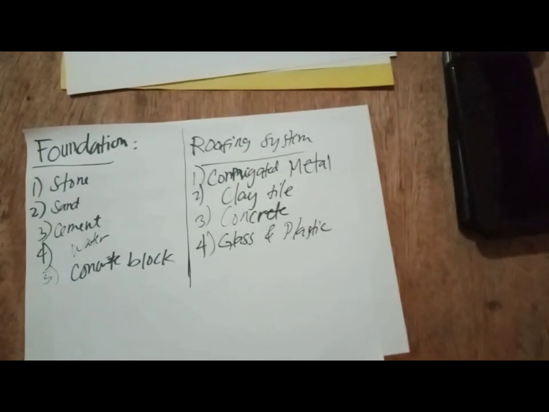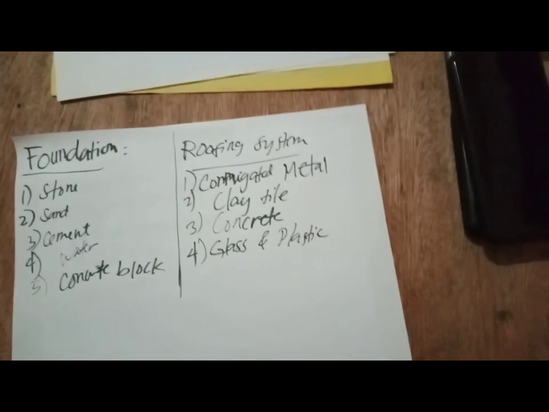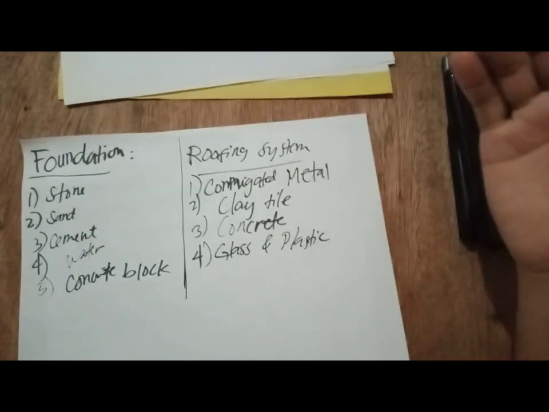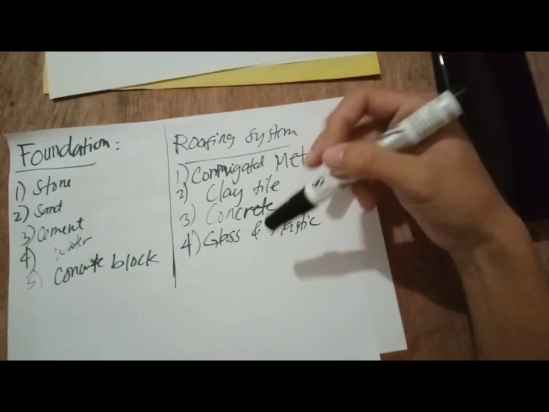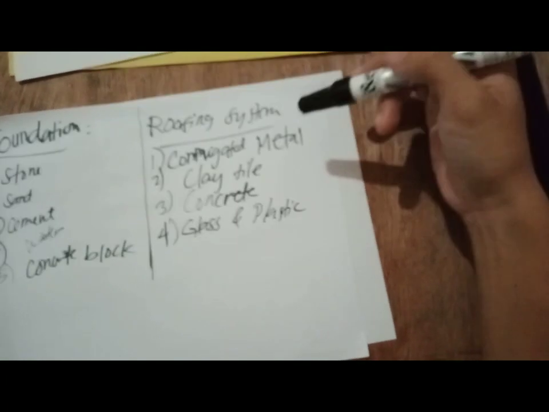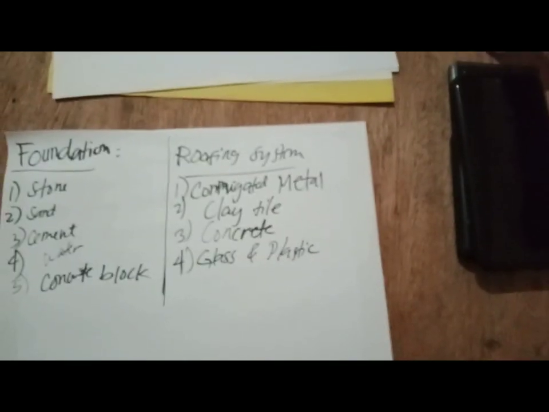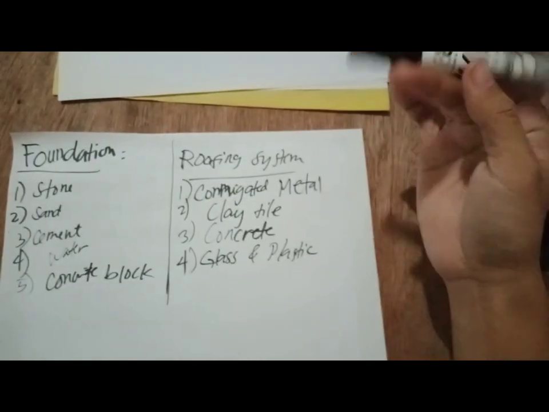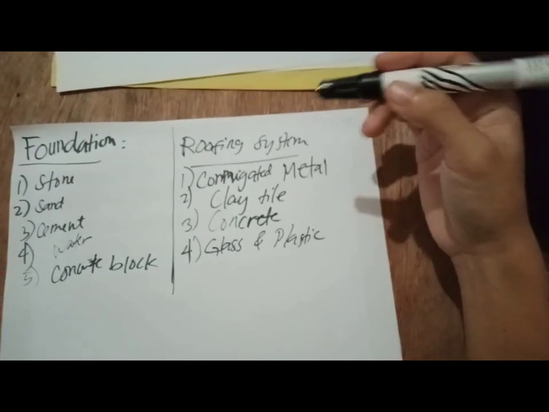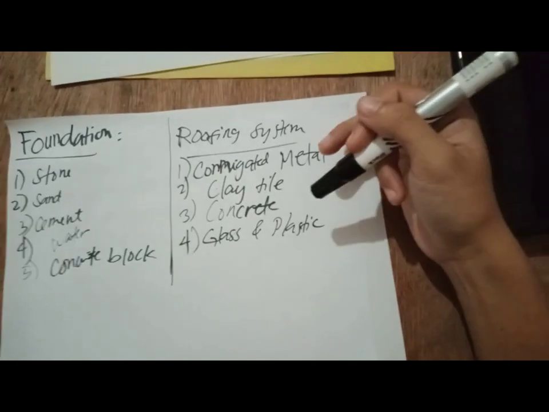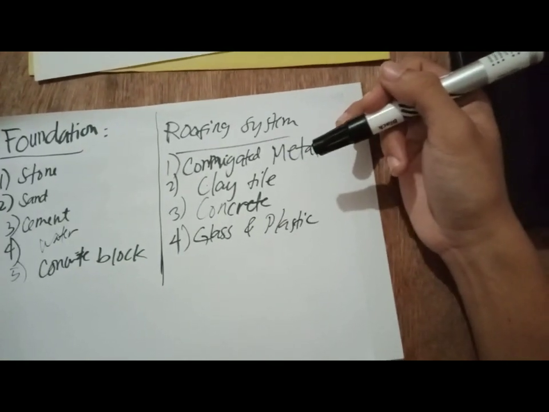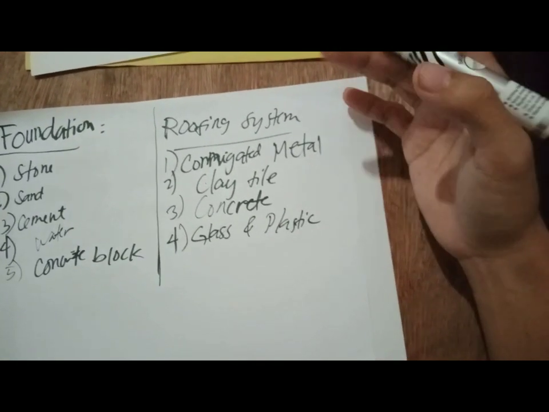Several buildings today, to be specific those residential ones, are already practicing the type of roofing which uses concrete. The advantage of using this type of material is to provide durability against the wind load.